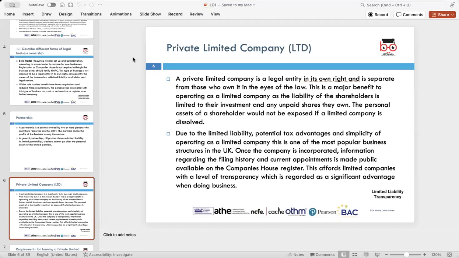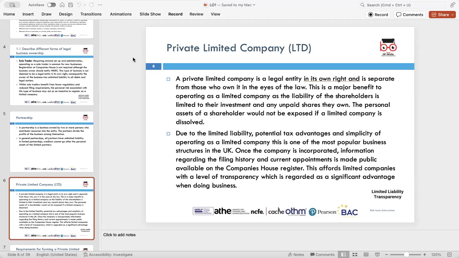Okay. So this is because limited companies offer restricted liability, potential tax advantages, and the simplicity of running as a limited company. Following the incorporation of the company, particulars concerning the filing history and the new appointments are made available to the general public on the register maintained by Companies House.